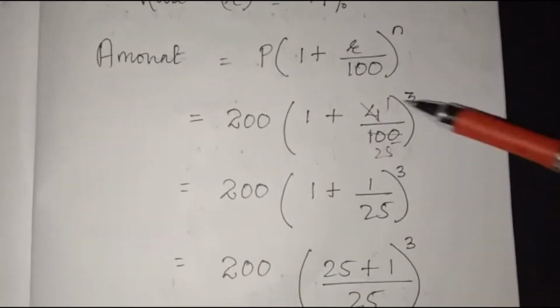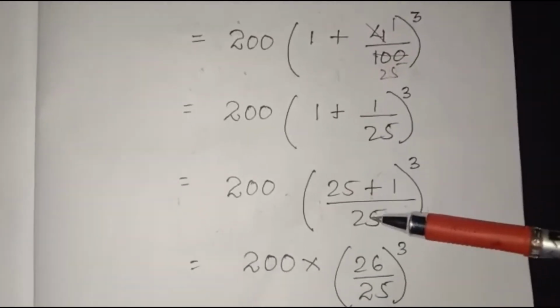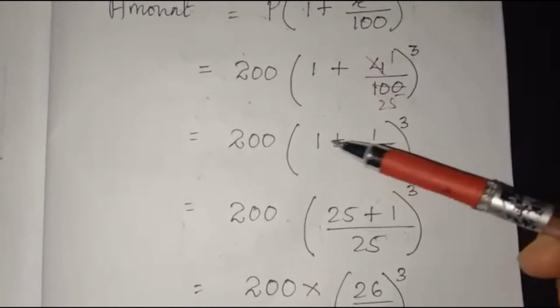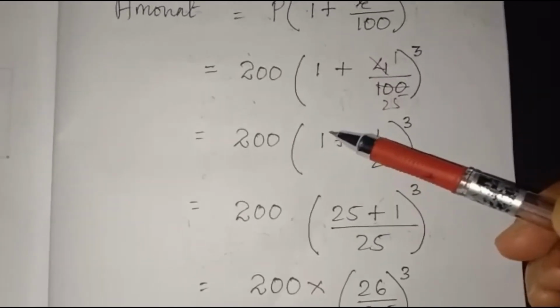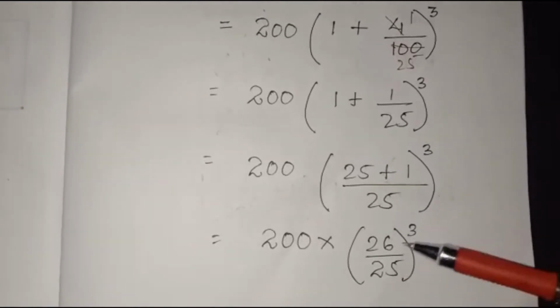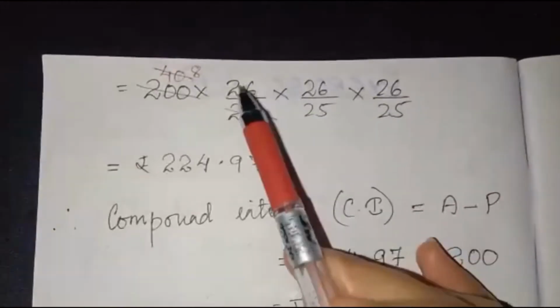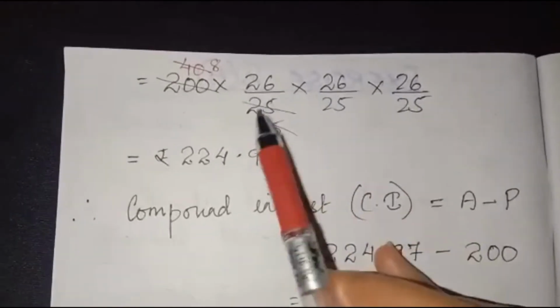So when you cancel 4 and 100, it is 1 by 25. So take your LCM. LCM will be 25. So this will be multiplied by 25. 25 plus 1, 26. 26 by 25 whole cube. So 26 by 25 we have to write 3 times. Cancel this.